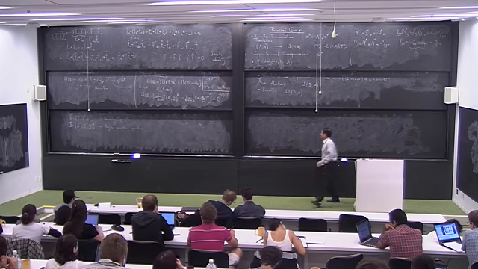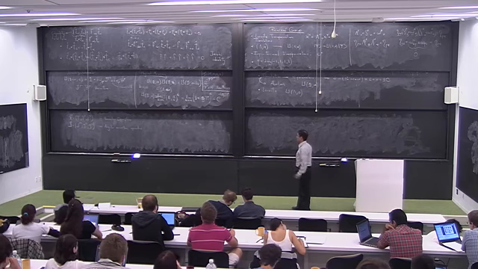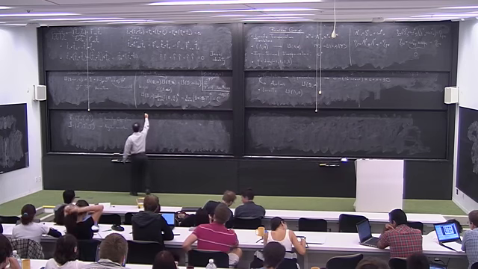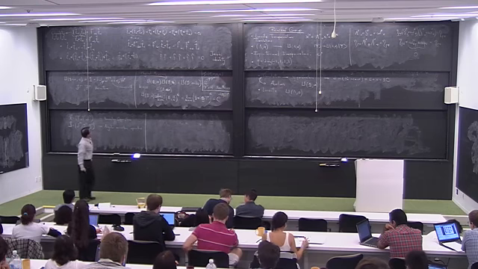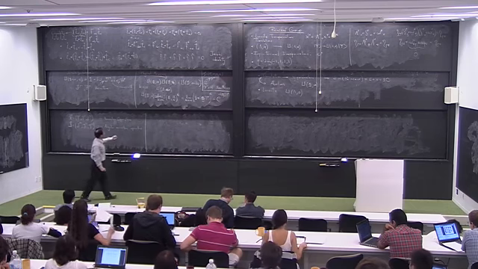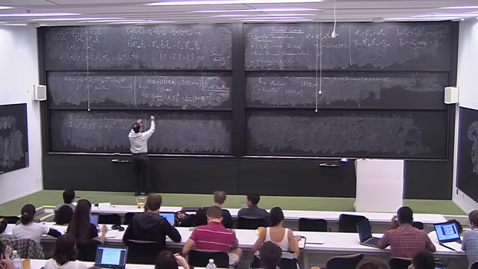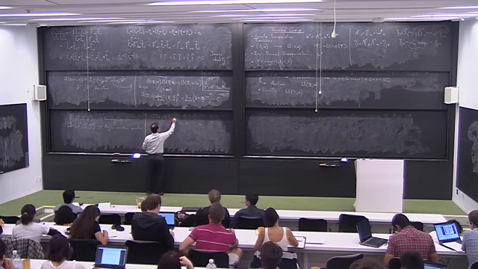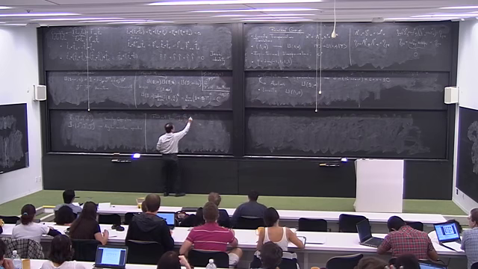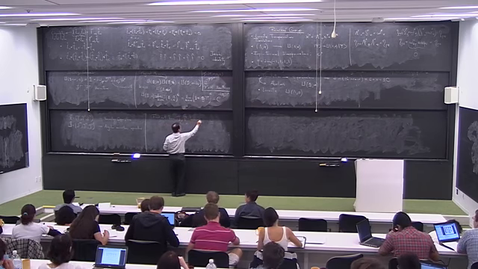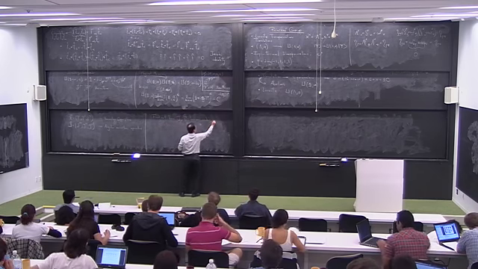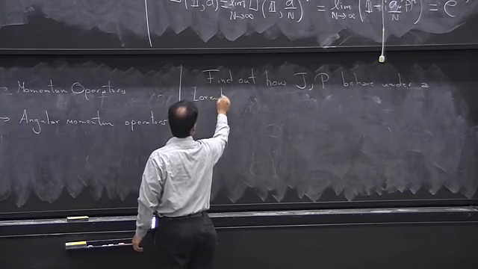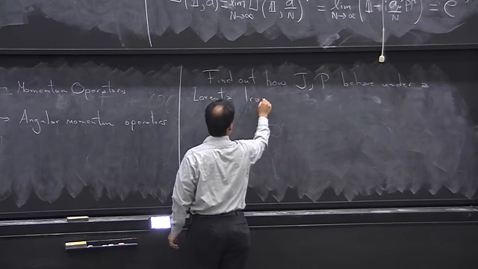Okay. So what we're going to do now is something that is usually done for any Lie algebra, in fact. But we're going to do it here in this example: we want to find out how J and P behave under a Lorentz transformation.